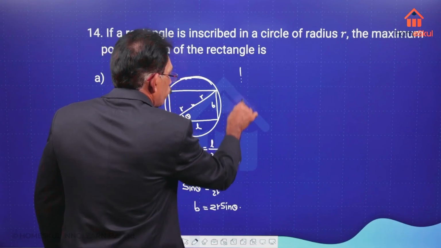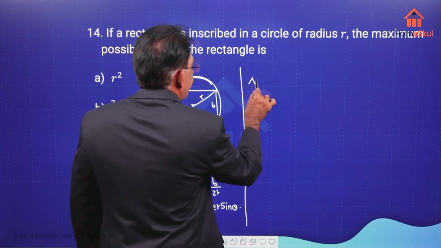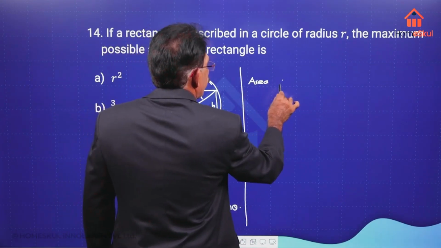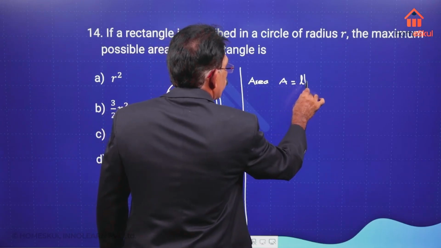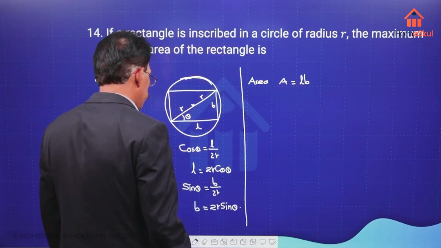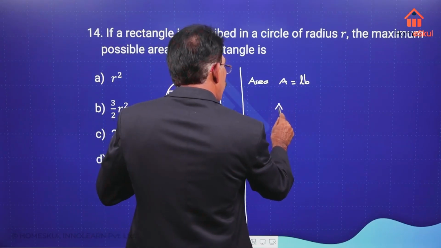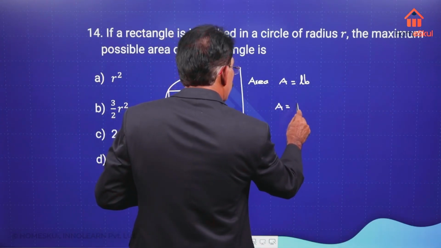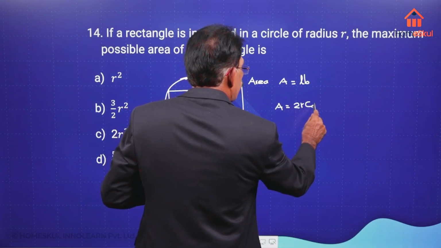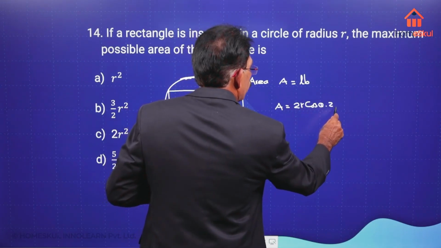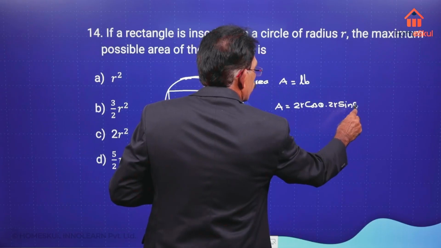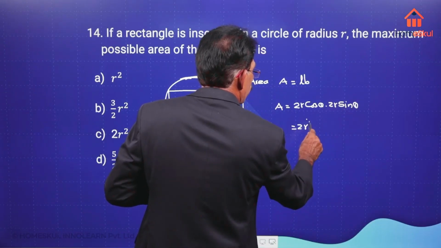The area is equal to LB. A is equal to 2r cos theta into 2r sin theta, that is equal to 2 r square sin theta cos theta times 2, which is r square sin 2 theta.